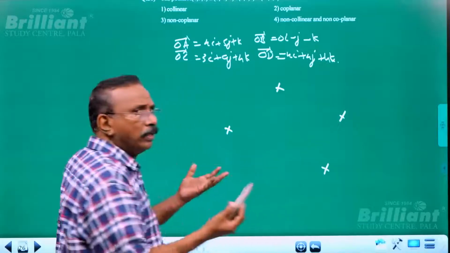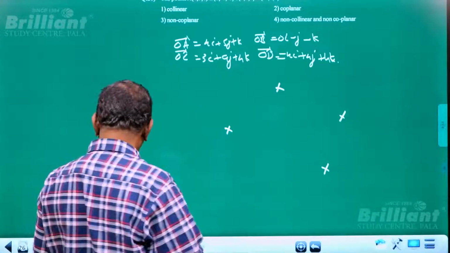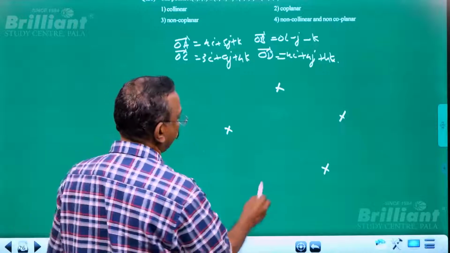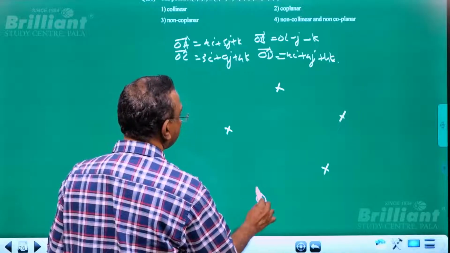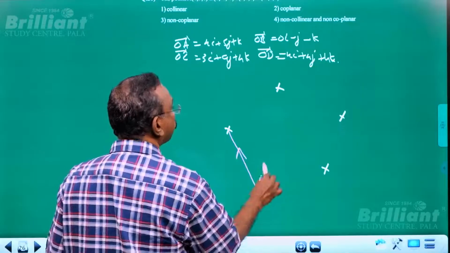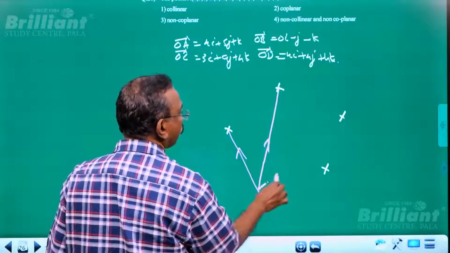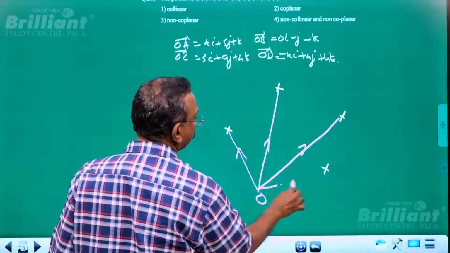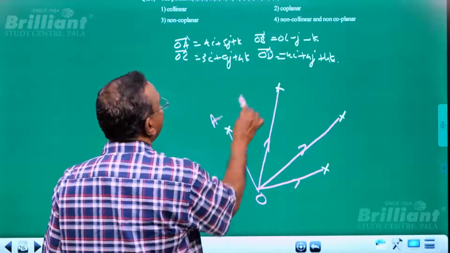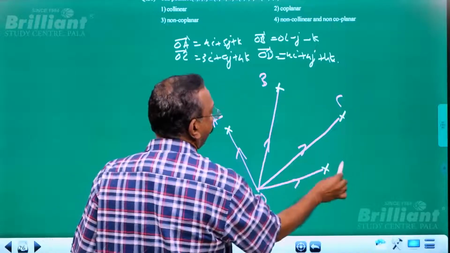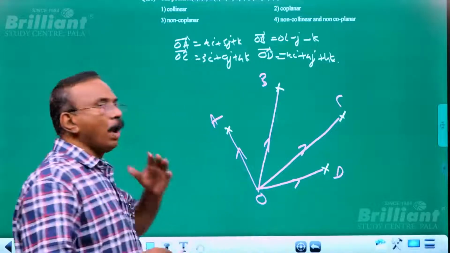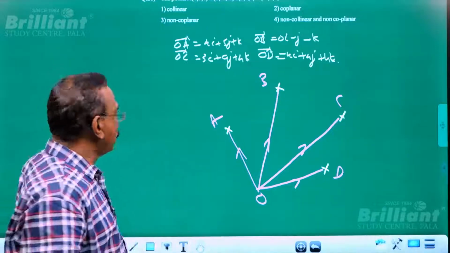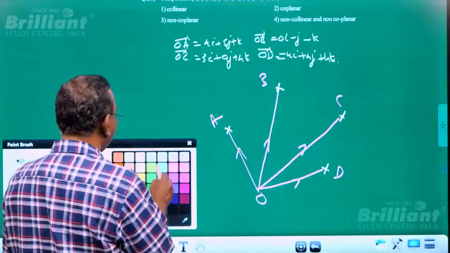We don't know whether they are on the same plane, but the common point with the origin is there. You know this is a position vector, and this is also a position vector, and here also a position vector. I mark these as A, B, C, and D, which are given. But how do we find whether they are on the same plane? A nice idea is to keep any one of them.